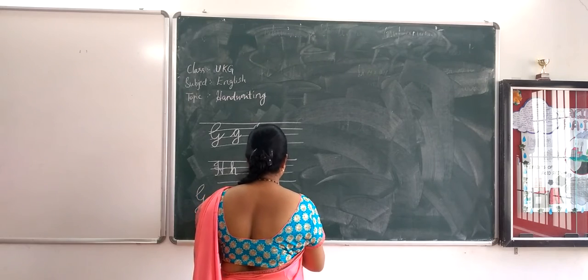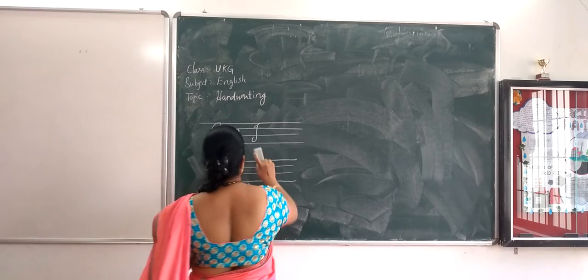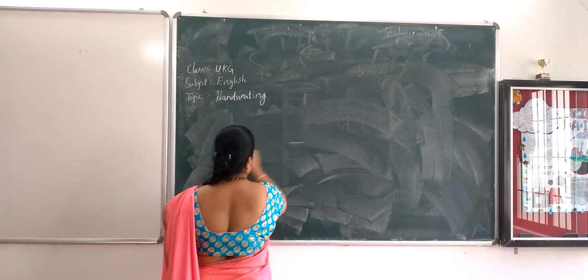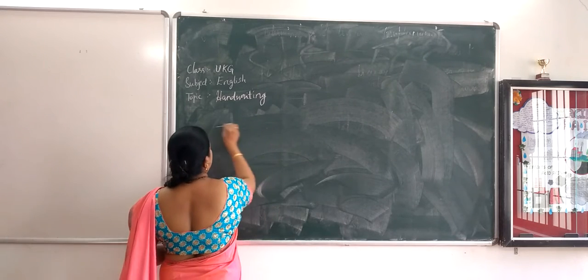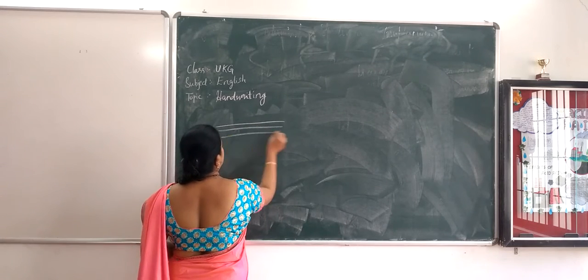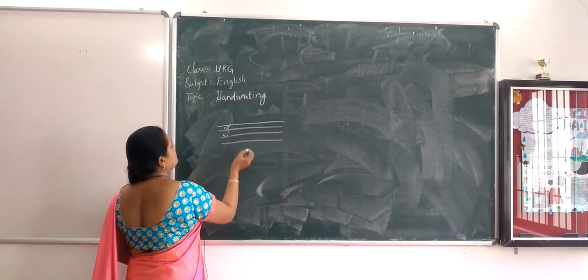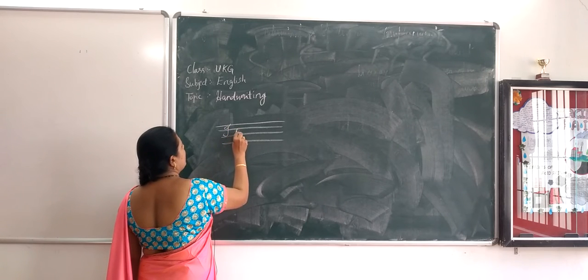How do you write small i? One second. Capital I you can write like here. Wait, 1 second. Okay, this is capital I between the three lines. Small i.